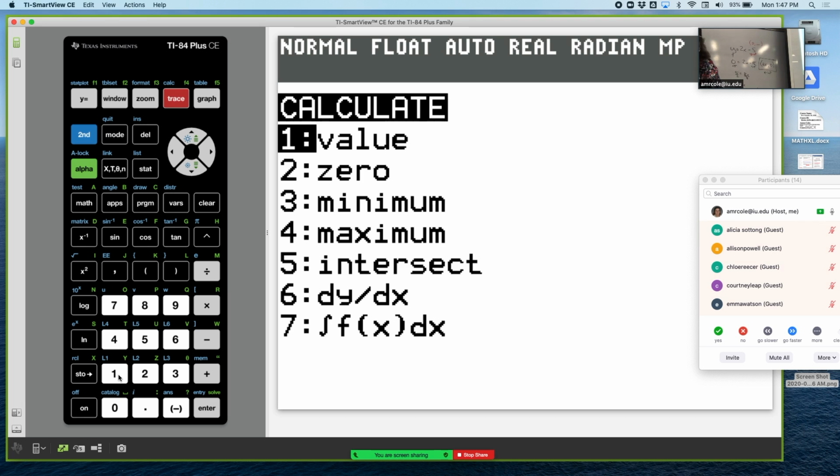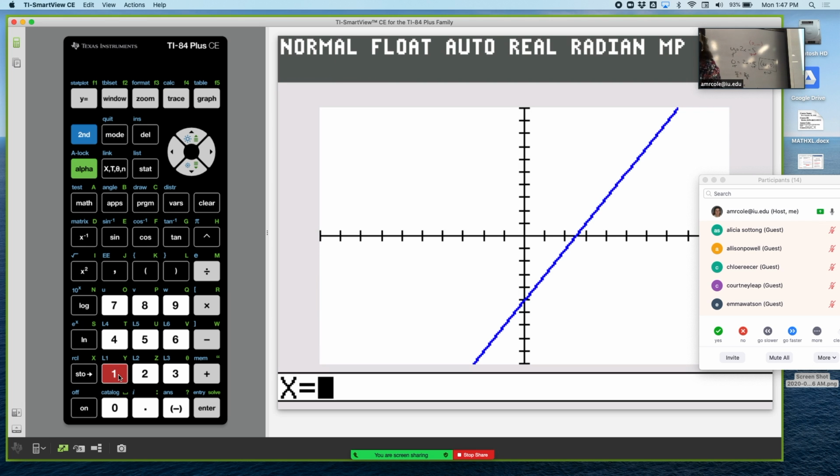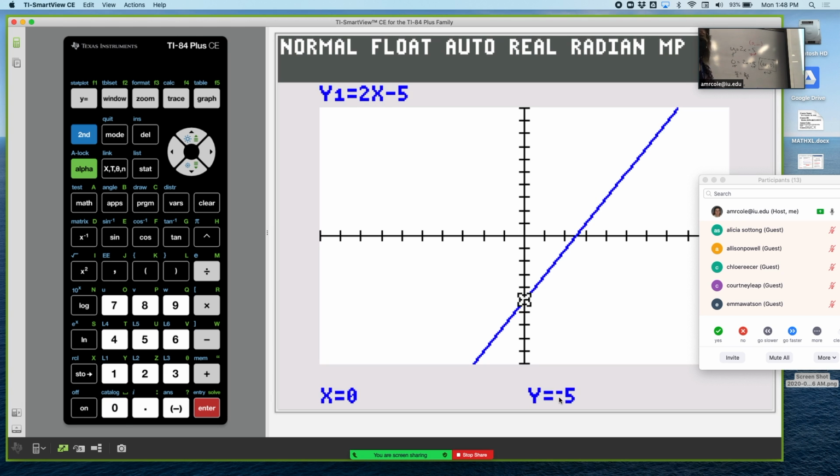Because if I hit number 1, then down here in the bottom left-hand corner, it says x equals. It's going to let me put in any value I want for x, and it will tell me what the y is. In this case, I want the x to be 0, if I'm trying to find the y-intercept. So I'm going to punch in a 0, hit enter, and it spits out the -5, which we knew it was going to be.